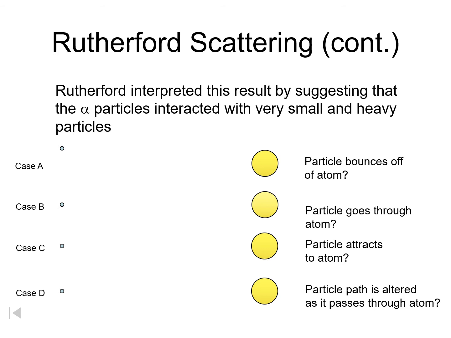That's what the idea was if you've got this deflection. And there's 4 cases that you can think about. Particle bouncing off the atom, if it goes through the atom, if it was attracted to the atom, and if it's altered as it passes through. So we could think about what this would mean in these 4 scenarios, what would happen. So based off that, we come to a conclusion.